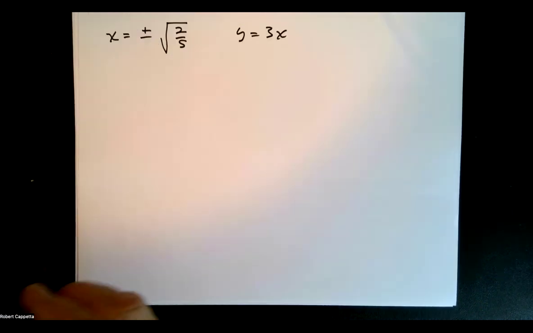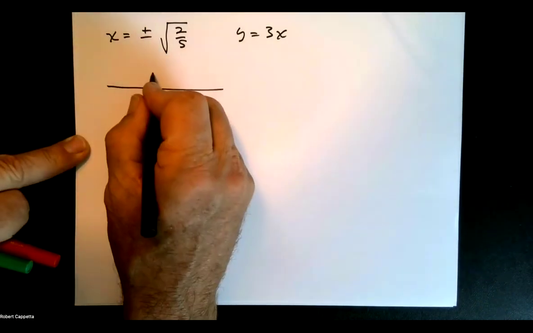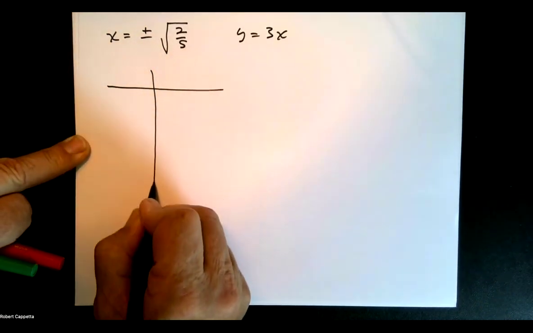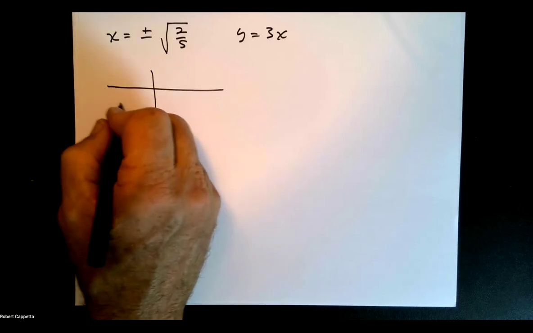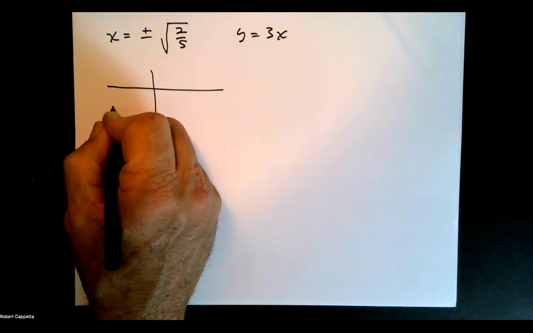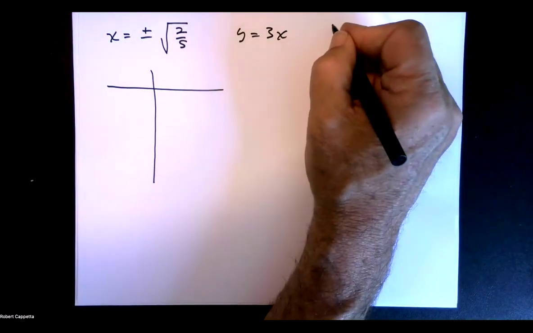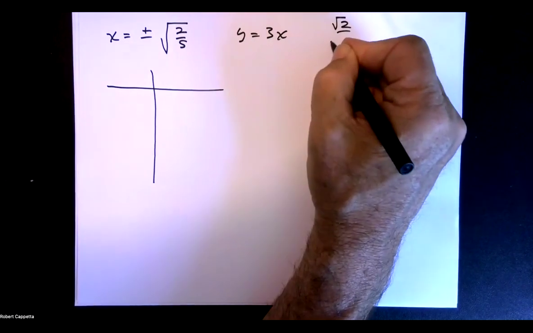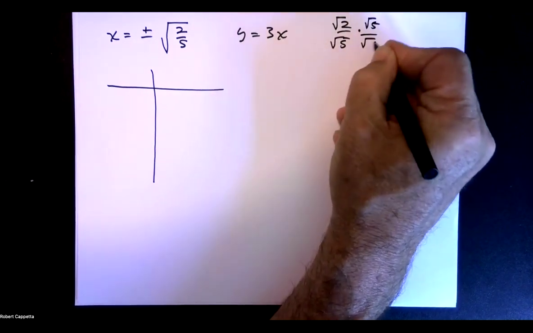So continuing with this, then we've got to find the y value. Fine. So we have 2 possibilities for x. Recognize 1 is going to be a minimum and 1 is going to be a maximum. We have the square root of 2/5, which is what, I guess we can rationalize the denominator, make that a little simpler for us. Root 2 over root 5, multiply top and bottom by root 5.